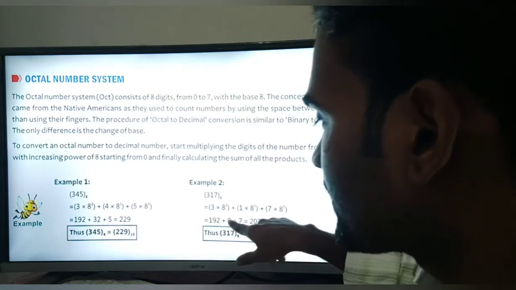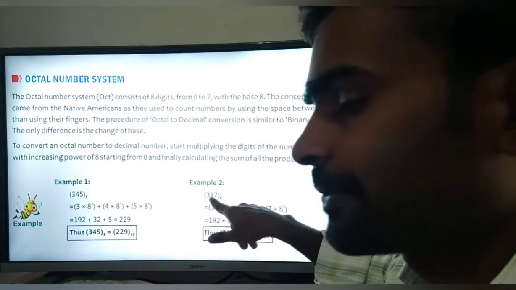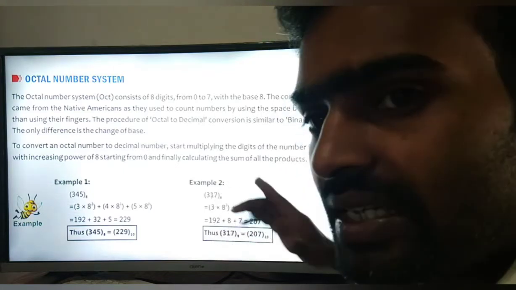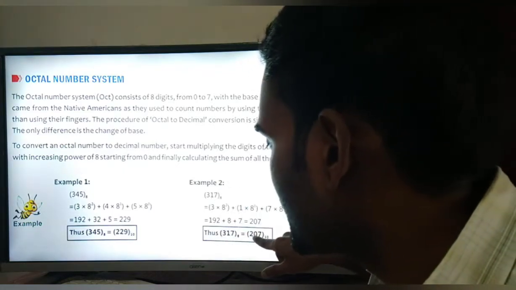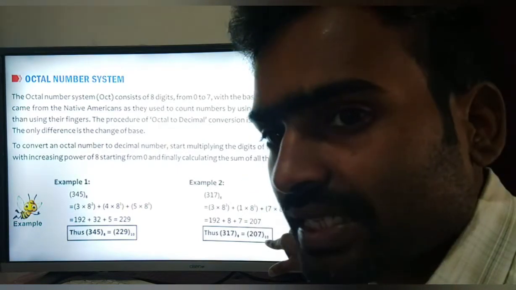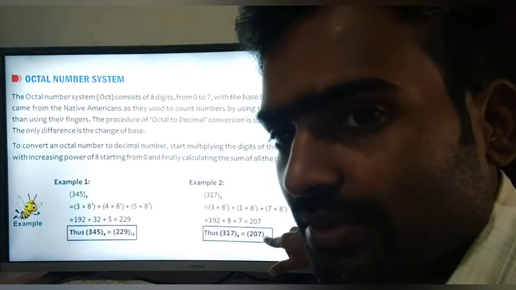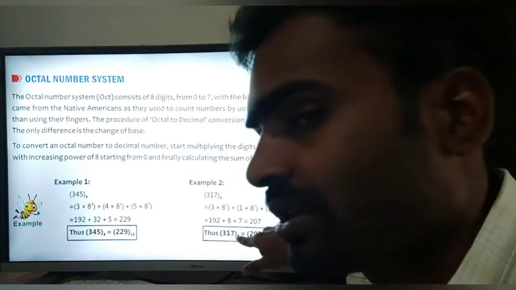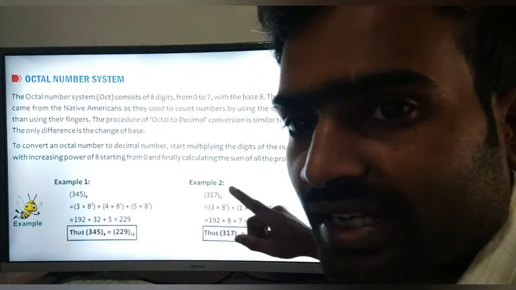When we total it, 192 plus 8 is 200, plus 7 is 207. This octal number 317, when converted into a decimal number, becomes 207, base 10. When we write base 10, it means it is a decimal number. When we write 8 as the base, it is an octal number. Remember it, don't ever forget it.